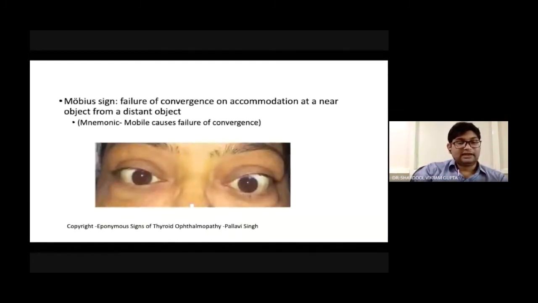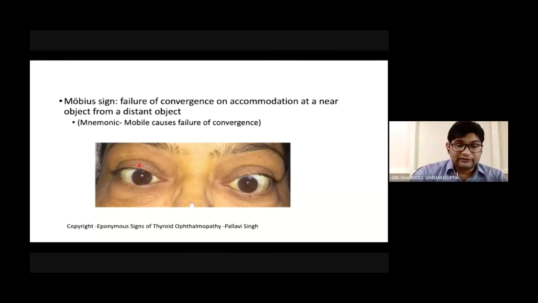In Moebius sign, you remember it by the mnemonic that excessive mobile usage causes failure of convergence. In Moebius sign, there is failure of convergence on accommodation from a distant object to a near object. You ask the patient to relaxedly look at a distant object, then you place a finger or a pen nearby and ask the patient to look near, and you look whether there is convergence or not.